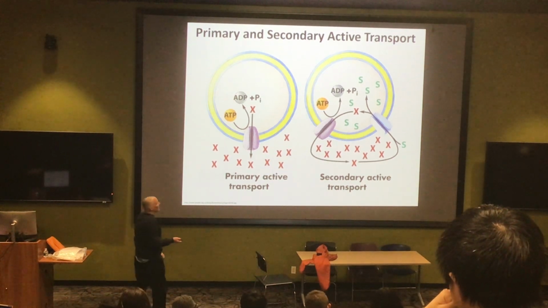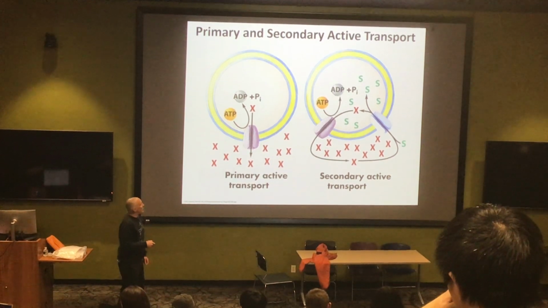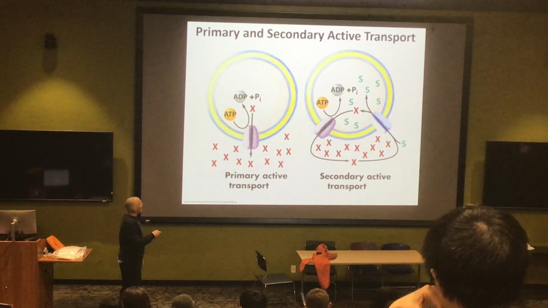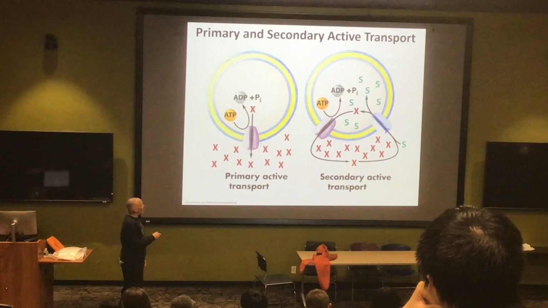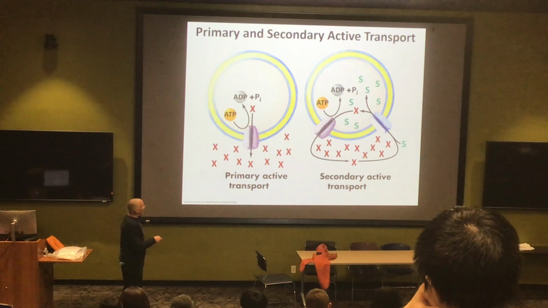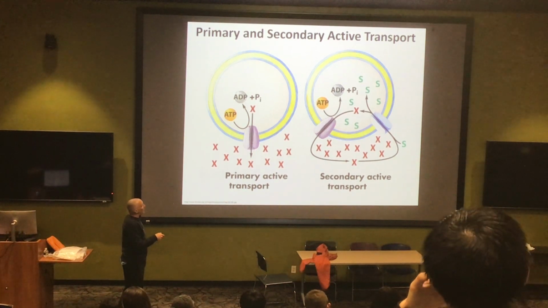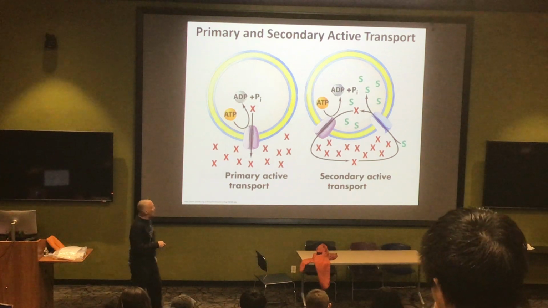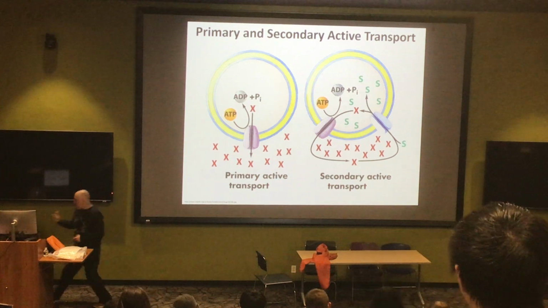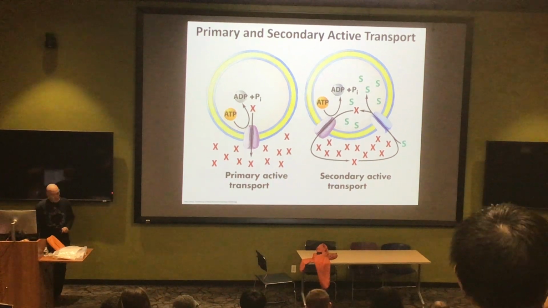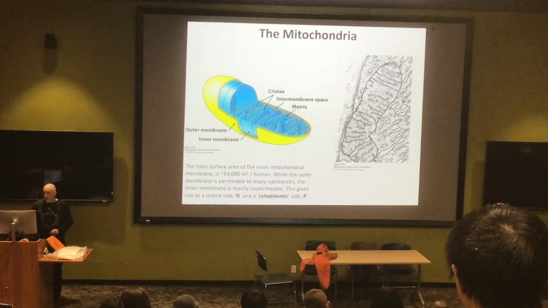But we also had secondary active transport, in which a primary mode of transport uses ATP to cause conformational changes and establish a gradient, and that gradient in turn moves another molecule against its own gradient. This is what we call secondary active transport. This is just a brief review from Biochem 1 because it has been a while.